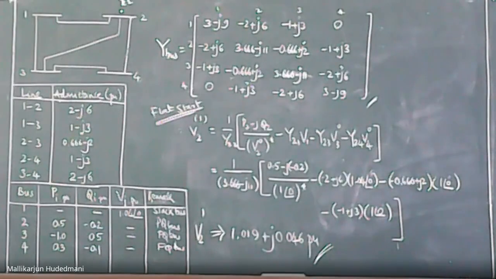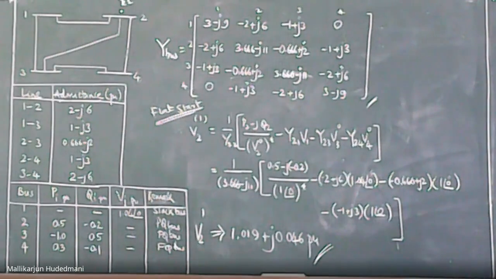In the Y bus, the first row refers to the connectivity from bus number 1. From 1 to 2 there is a line, and from 1 to 3 there is a line, and Y11 refers to the sum of the admittances of the lines radiating from bus 1 to 2 and bus 1 to 3. That is taken as a grand sum at the diagonal 1 cross 1.